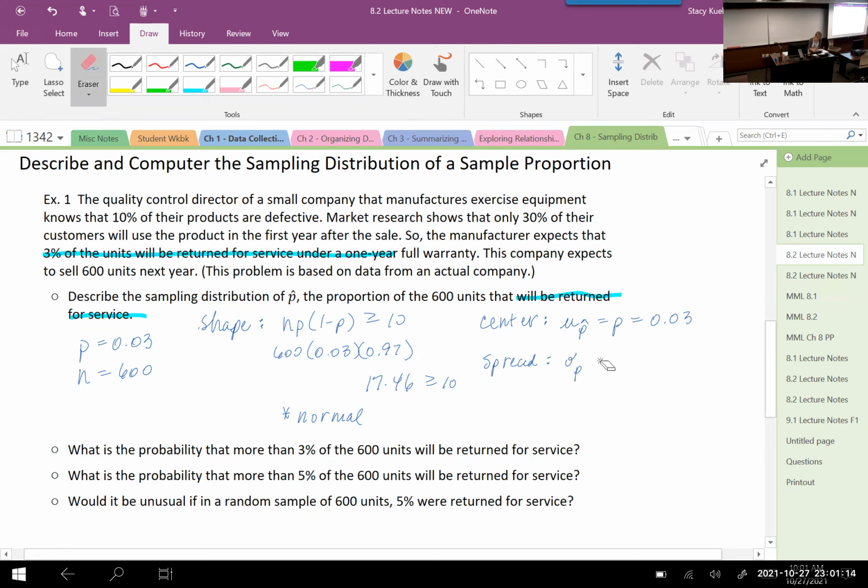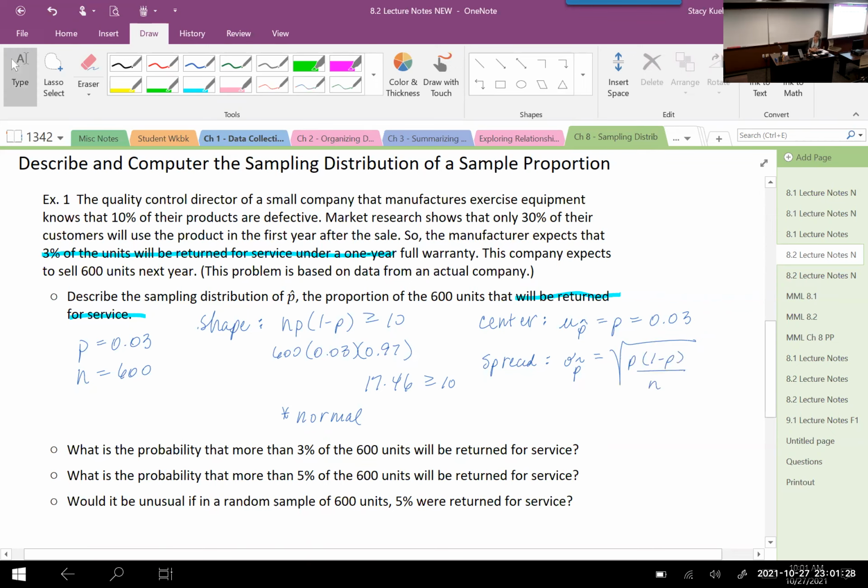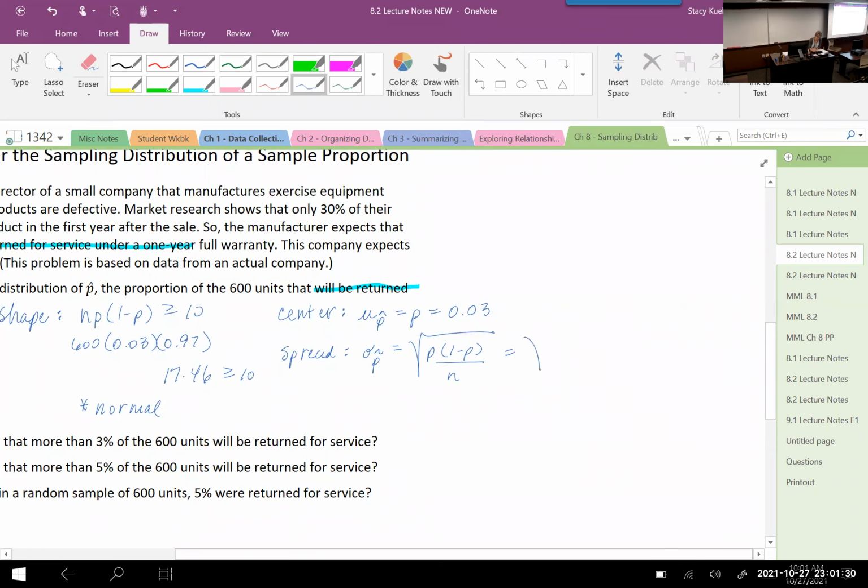Now I want everybody to get out the calculator that you think you're going to be using. We're going to work on this. We have the square root of p times 1 minus p all over n. So in other words, we have 0.03 times 0.97 divided by 600. Then take the square root.